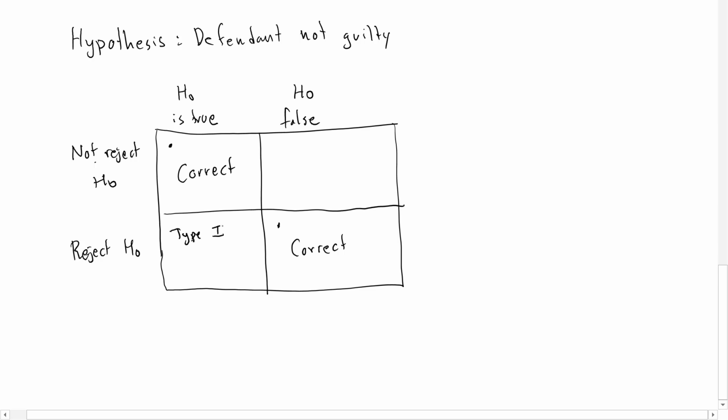Let's call it type 1 error. We are claiming that an innocent defendant is guilty, and this is called a type 2 error. We are claiming, or rather, we don't have enough evidence to find a guilty defendant guilty. So that's the setup of hypothesis testing and the basic notation that's used.